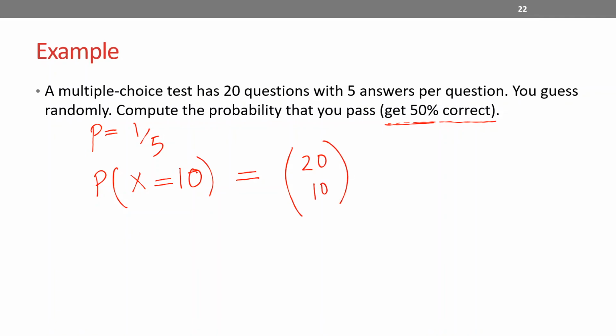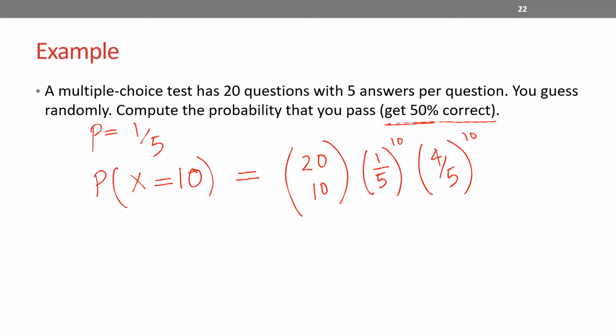So it's 20 choose 10, and then 1 over 5 is my P, to the power 10, and then 4 over 5 is my 1 minus P, and again to the power 10, right? So this is an example that demonstrates the application of a binomial random variable, and then we also understood the relationship between Bernoulli and binomial.